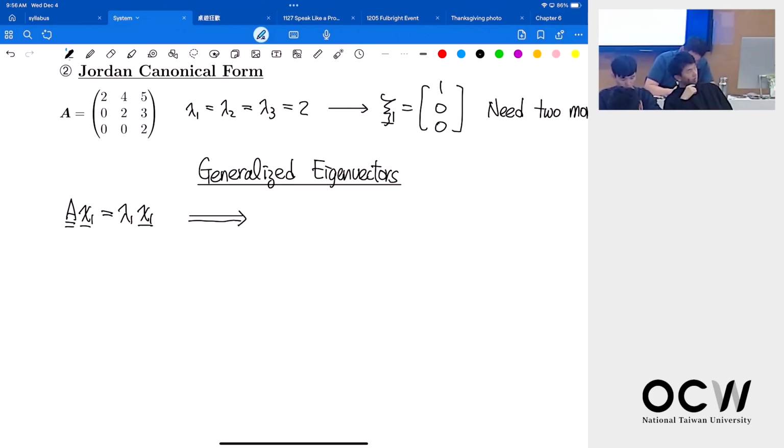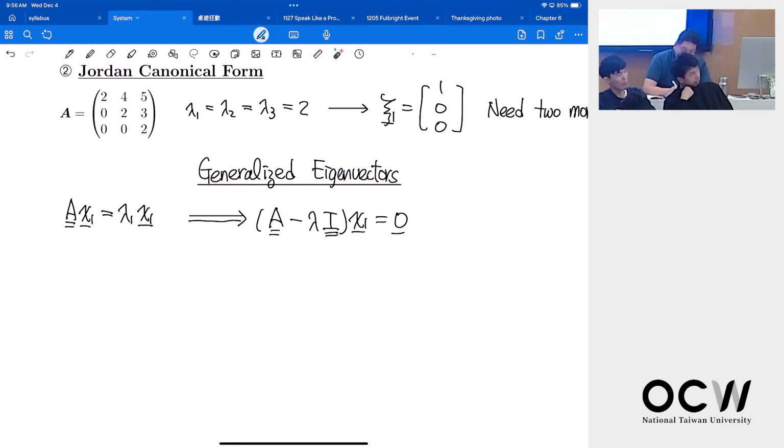And then we know A minus lambda I times x1 is the 0 vector. And we can find the characteristic equations. Okay. Now I want to find the second eigenvector.